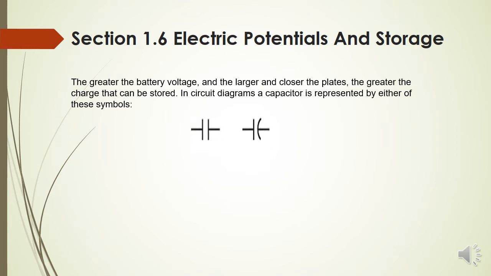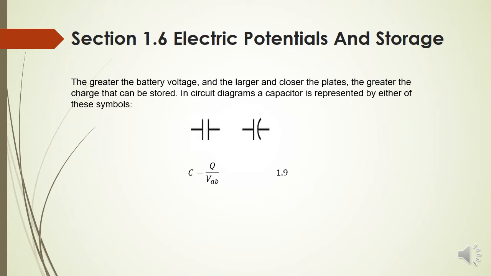One common way to charge a capacitor is to connect these two wires to opposite terminals of a battery. Once the charges Q and negative Q are established on the conductors, the battery is disconnected. So Q is the charge and C is the capacitance. In this equation, capacitance C is equal to Q over the potential difference VAB.